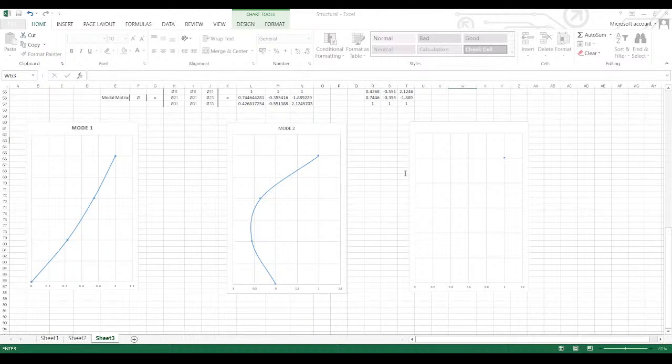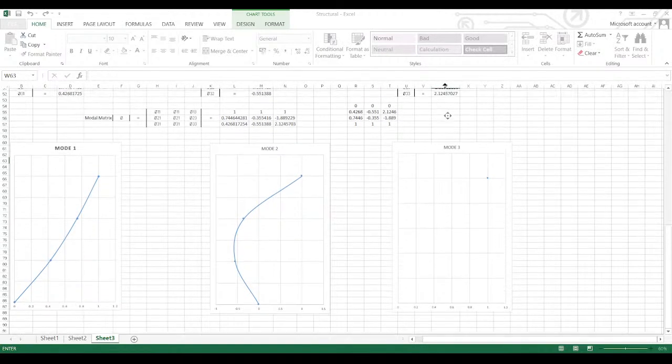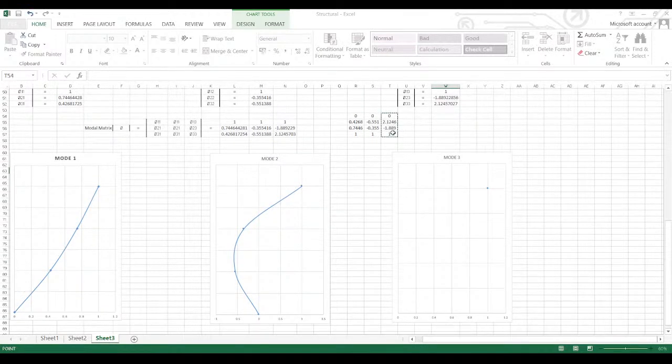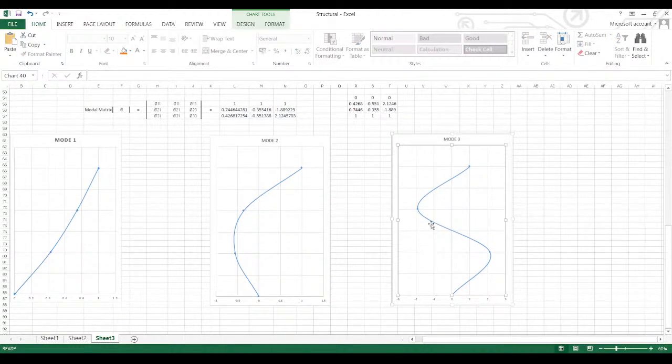Mod 3, x-axis value, name 0, 1, 2, 3. This is our third mode. Here we have concluded the mode 1, mode 2 and mode 3. This is our modal shape. How our building deformed.